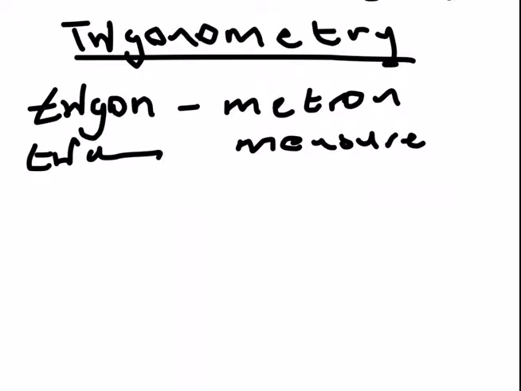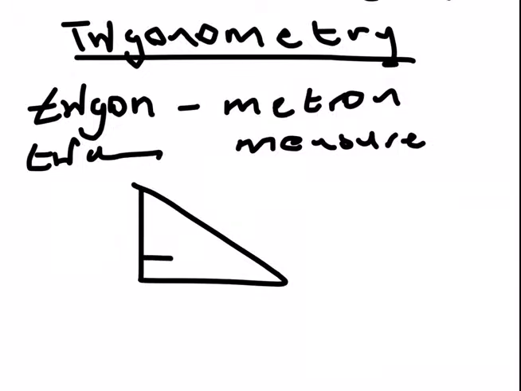So in other words, trigonometry literally means measurement of a triangle. That's what you need to know. We are just measuring a triangle, not just any triangle, but this specific one, being a right-angled triangle.